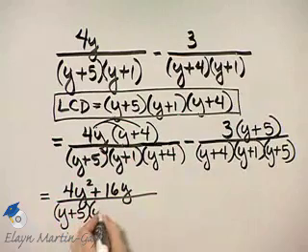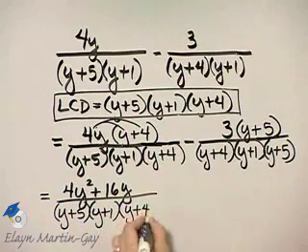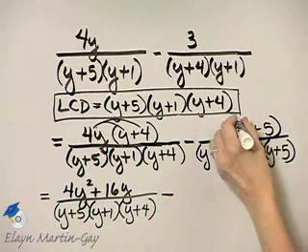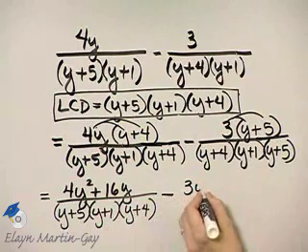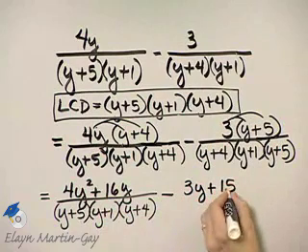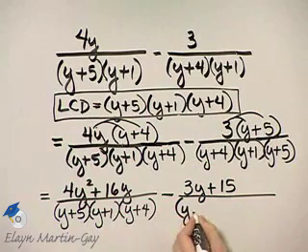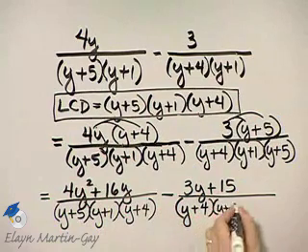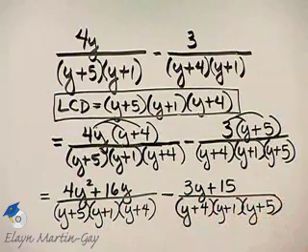Y plus 5 times y plus 1 times y plus 4 minus, again, let's go ahead and multiply. I have 3y plus 15 over, same denominator, different order, but that doesn't matter, y plus 4 times y plus 1 times y plus 5. Now notice the denominators are the same.